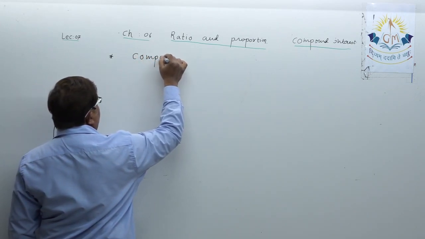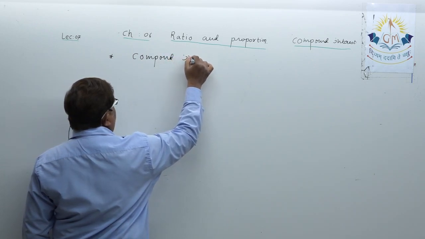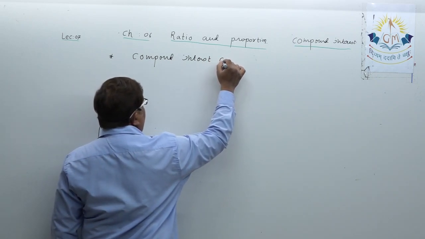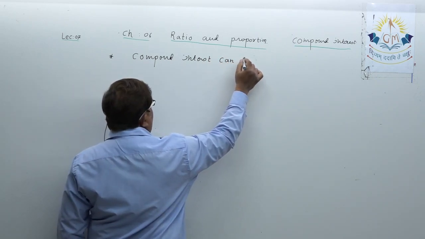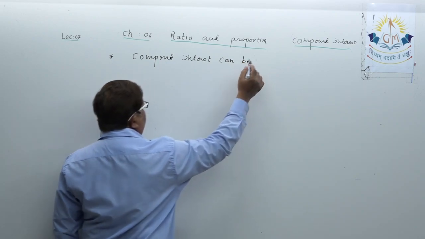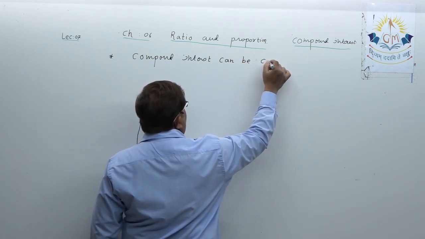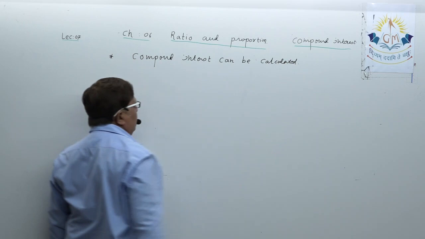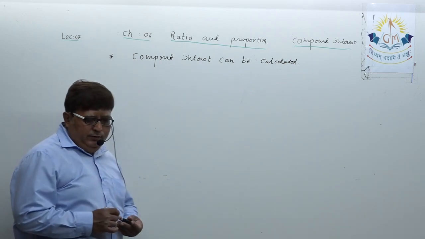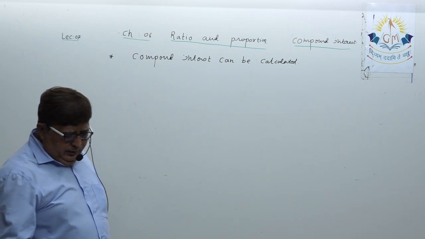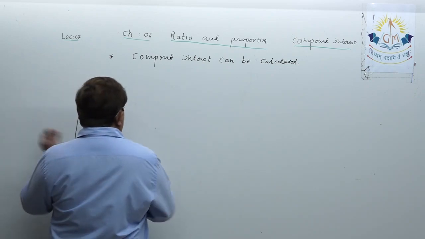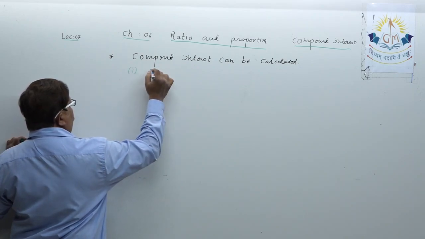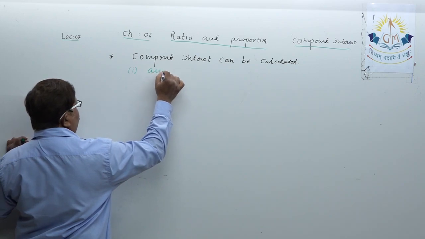Compound interest can be calculated first annually.